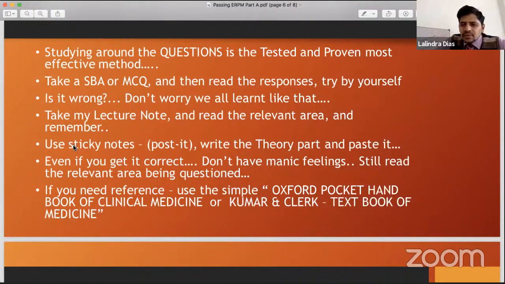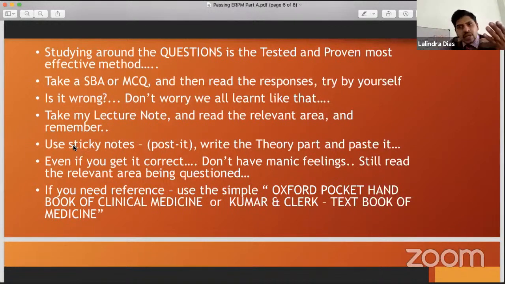And guys, what I have mentioned is, if you need reference, my lecture notes, it's a promise I have given, right? In my lecture notes, 100% of what they ask in the exam is there. If you find anything not there, it is in the lecture notes plus the question notes. Some areas that we can't cover in the lecture note, we put in the questions.